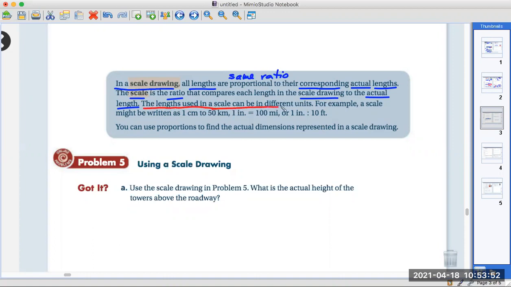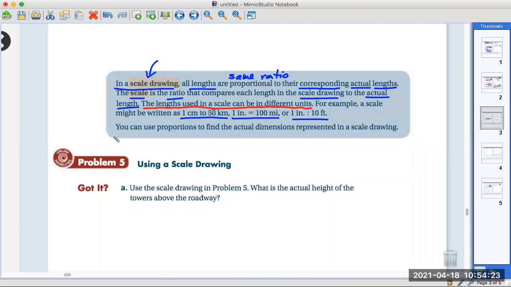For example, a scale might be written as 1 centimeter to 50 kilometers, or, this is an or, 1 inch equals 10 miles, or 1 inch to 10 feet. So it's either one of these. These are 3 ways to write your scale when it's a scale drawing, okay?